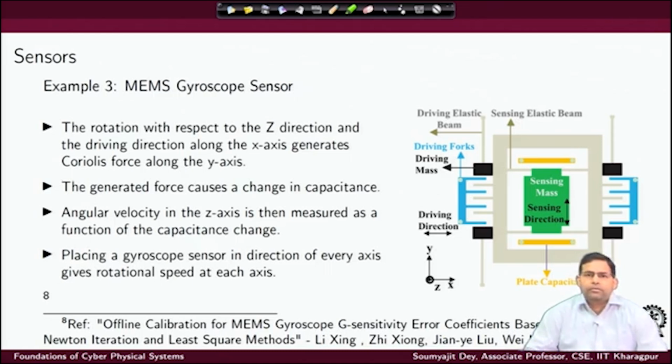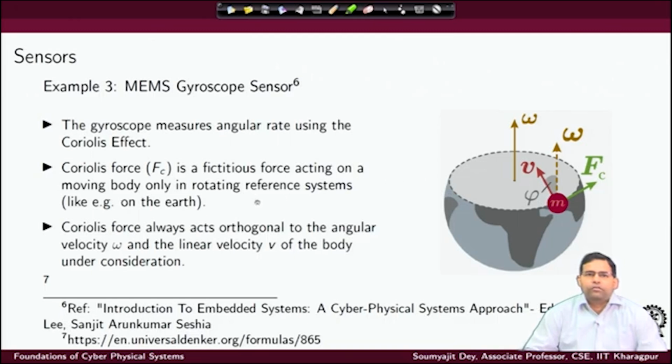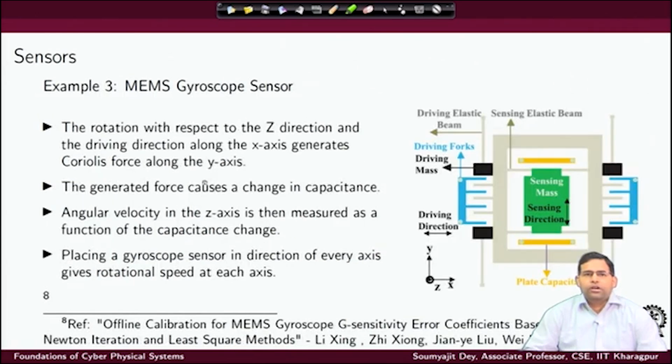If you remember the principle that we talked about, when you have Coriolis force, it is going to act orthogonal to the linear as well as the angular velocity. So, when your vehicle is having a linear motion along the x axis, and there is a rotation along the z axis, the Coriolis force will act along the y axis.